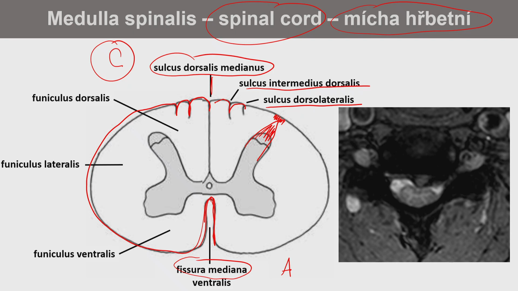One sign is that the deep anterior groove is a fissura mediana, and the horn which is near to the surface is a dorsal horn. Why? Because in almost all anatomical books and schemas, the anterior is at the bottom.